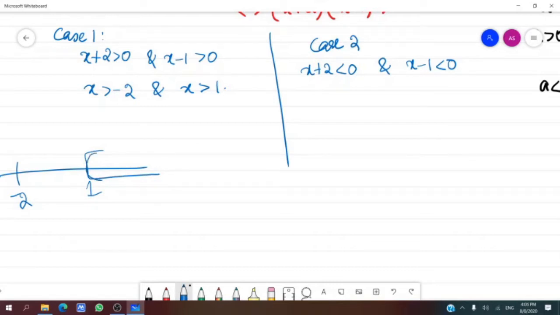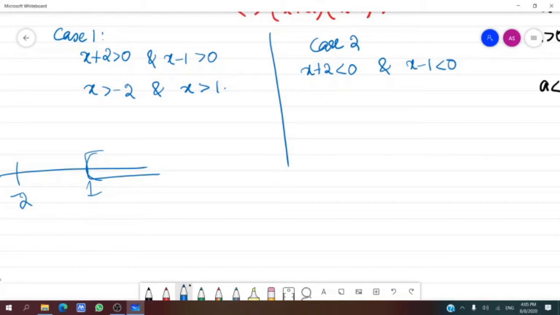So this is actually the set of all real numbers x greater than minus 2 and greater than 1. That means the intersection of the sets open minus 2 infinity and the set open 1 infinity. So the intersection is actually this open 1 infinity.